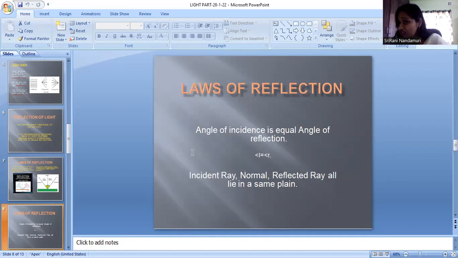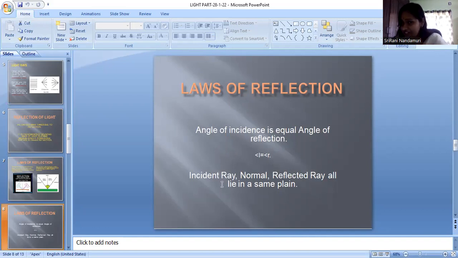Just now I gave you the example: with how much force you throw a ball at the wall, with that much force it bounces back. Similarly, with how much capacity a light ray travels in the medium, with that much capacity it will reflect back. So the angle of incidence is always equal to the angle of reflection. Keep this in mind as the first law of reflection.